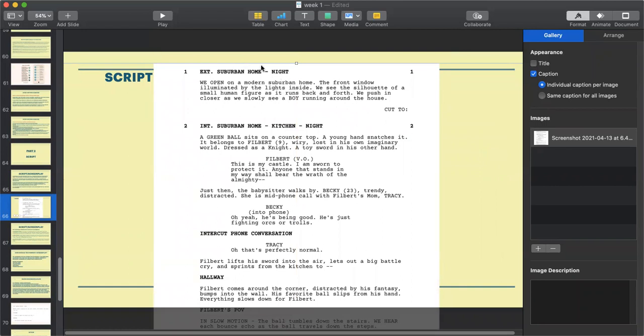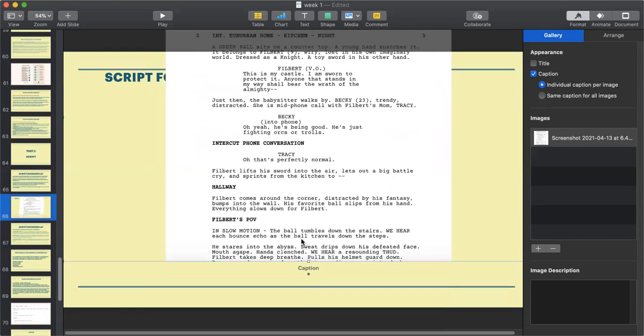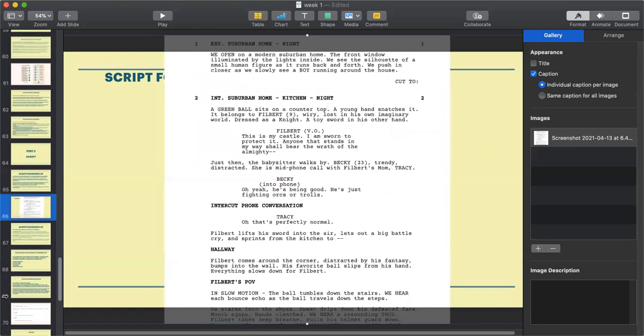First the camera is showing the suburban home, nighttime, an external shot from outside, right? Cut to the second shot, it's a cut shot, goes to an interior shot, right? So sometimes the transitions are mentioned, but mostly they are not.